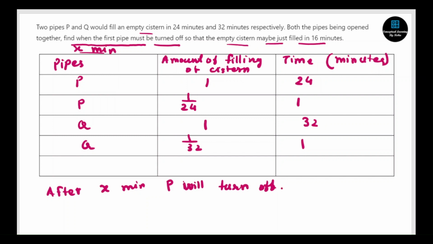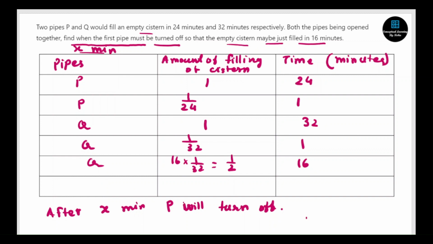Now see, pipe Q is working for all 16 minutes. Q can complete 1 over 32 in 1 minute. So in 16 minutes, Q does 16 into 1 upon 32, that is 1 half. It will fill 1 half of the tank. And now for P, P will work for just X minutes.